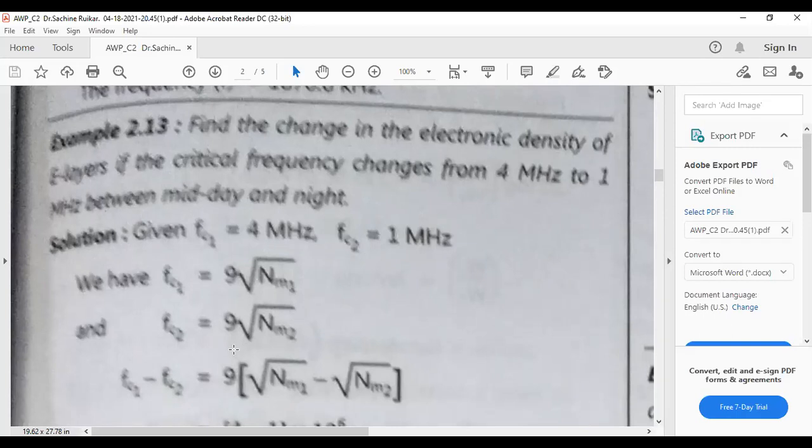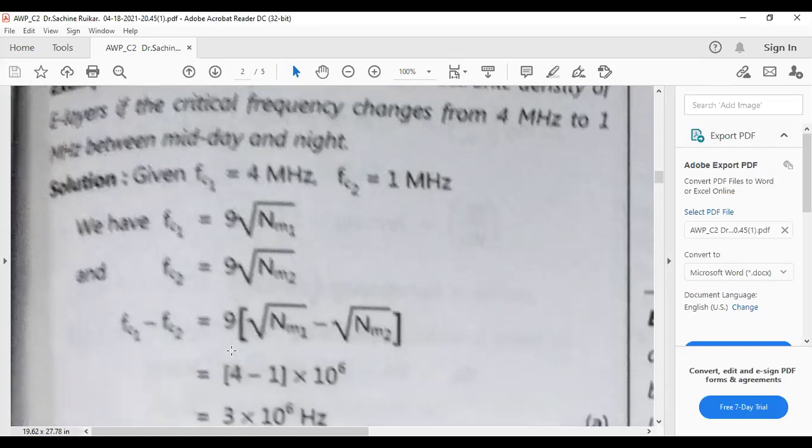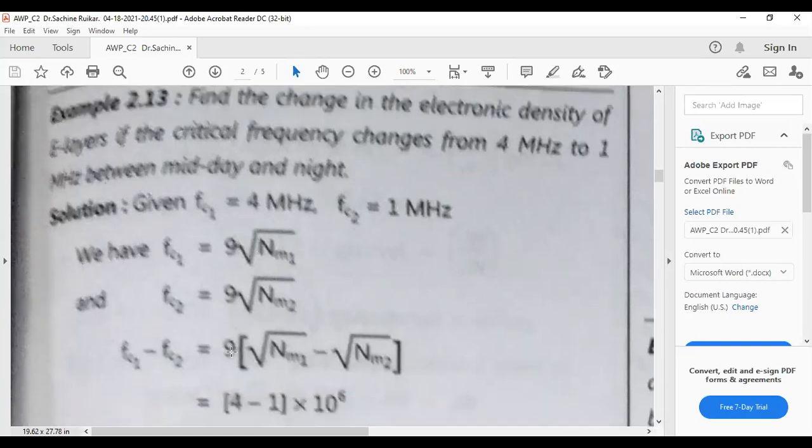With the help of that you need to calculate the electron density, that is n, and we are aware from the formula that f is equal to 9 root of n max, or nm. Here you can combine equation number 1 and 2. Equation number 1 will be related to critical frequency 1, and equation number 2 to critical frequency 2, and later you make them separate.